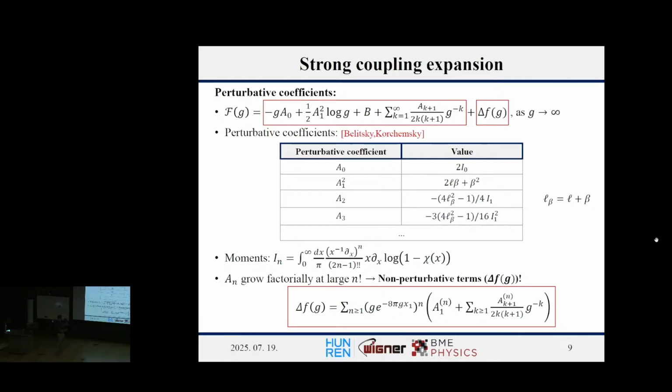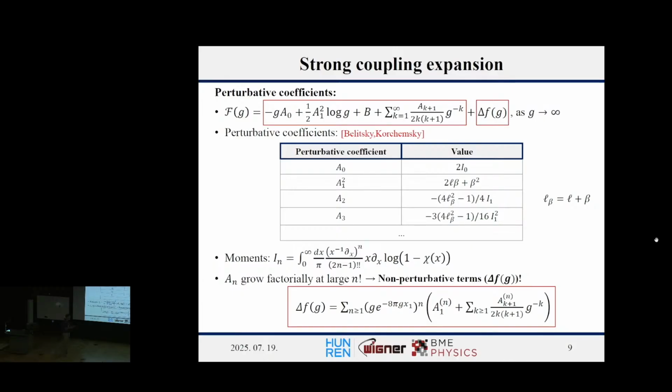This is denoted by delta f here, and these exponentially small corrections contain exactly the location of the zeros of this symbol function.